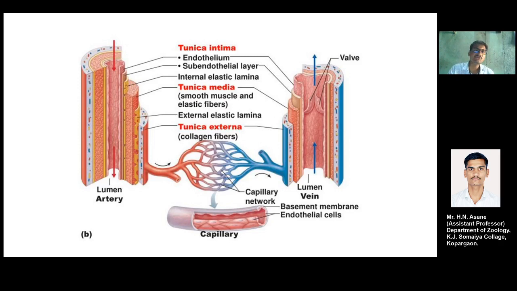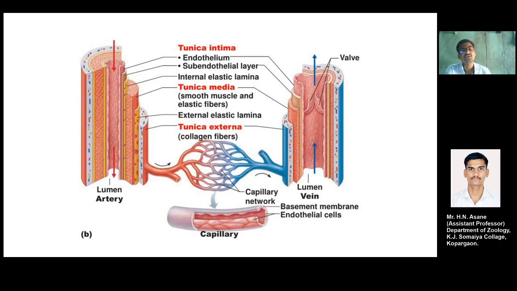You will see the tunica intima layer of the artery, and this can be referred to for the veins also, as it is similar to the vein. We will focus on the veins in the next session, but let us get our focus on the arteries first.